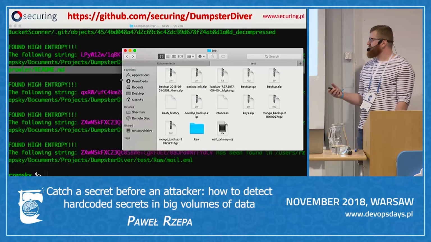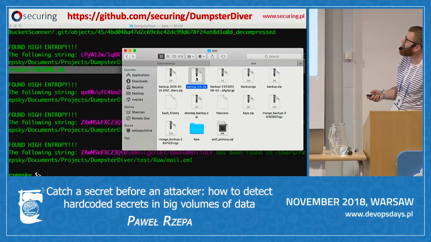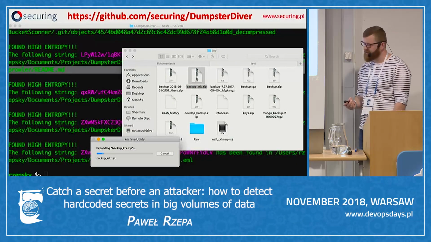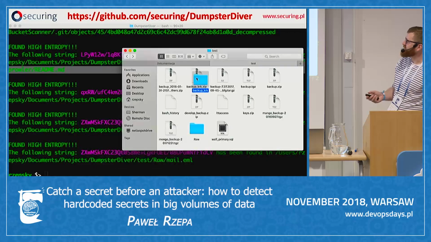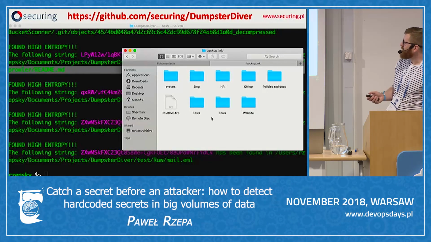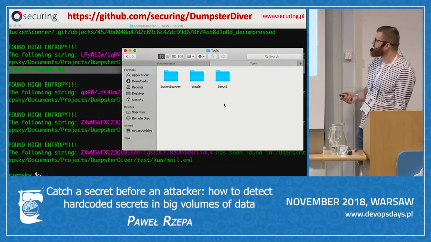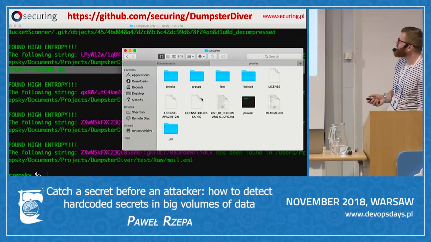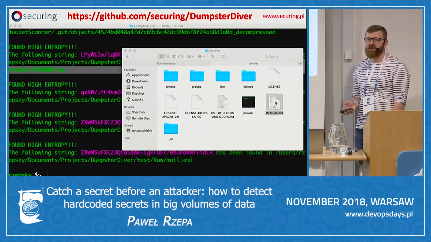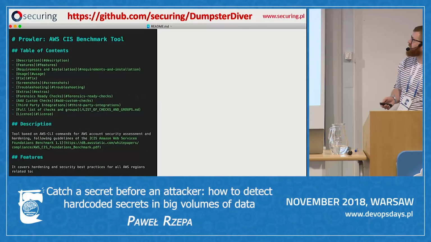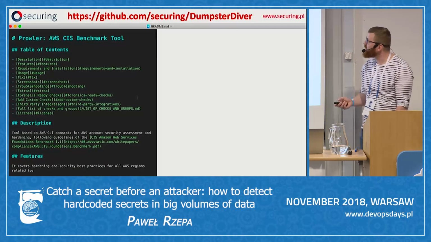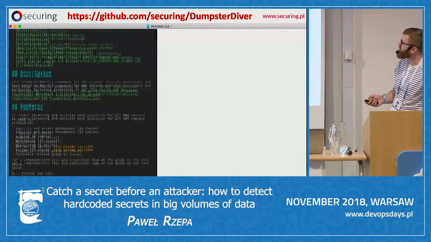So let's see if it is true. Let's unpack the archive. And inside of it, yeah, tools, prowler, and in the readme, there should be keys. So let's go through it.